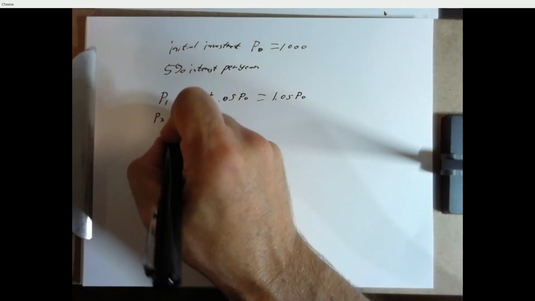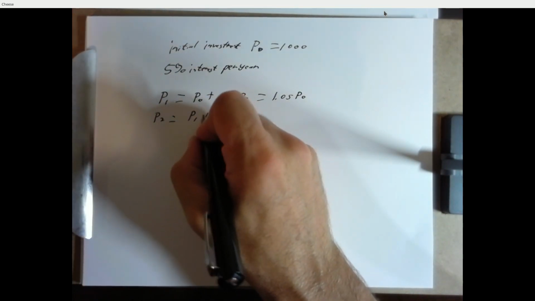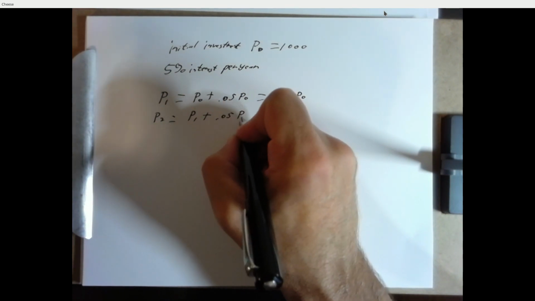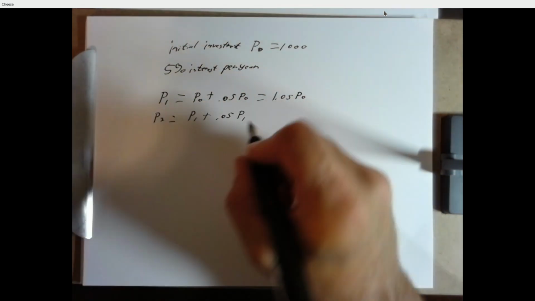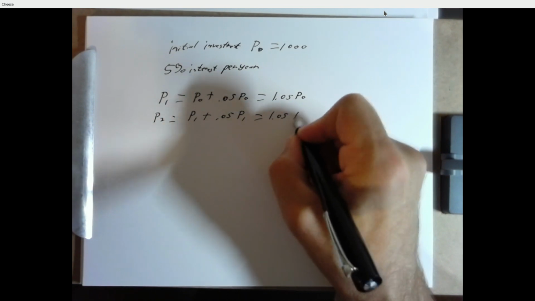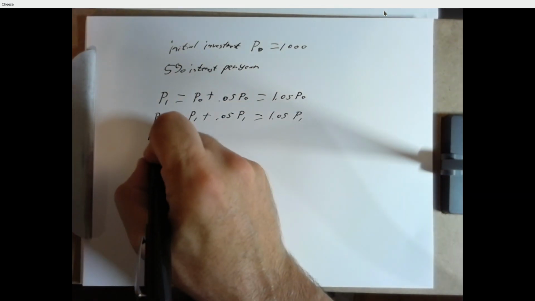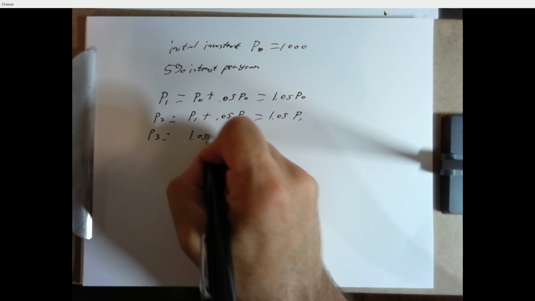Your principal after 2 years will be your principal after 1 year plus 5% of that principal you had at the beginning of the year. And this is 1.05 times P1. And similarly, P3 will be 1.05 P2.